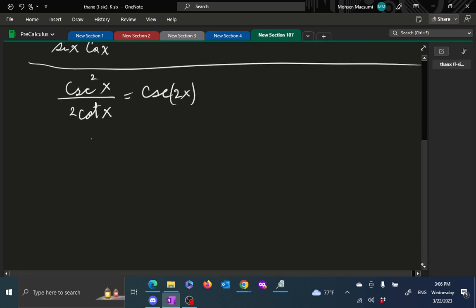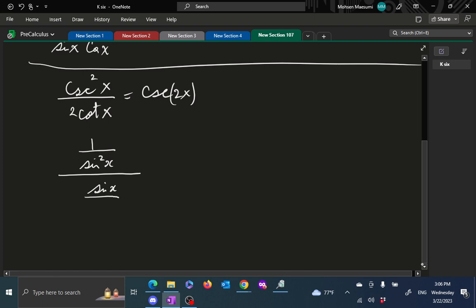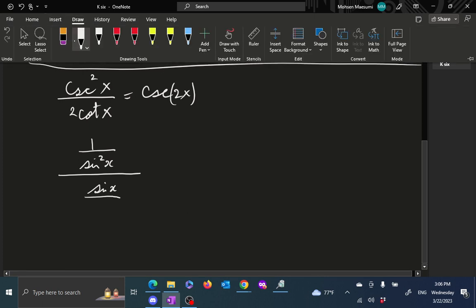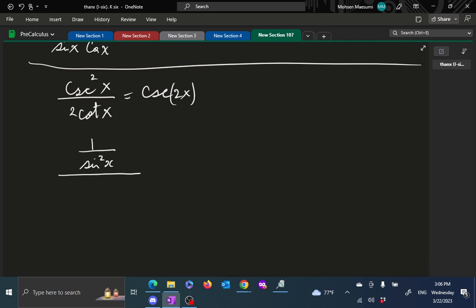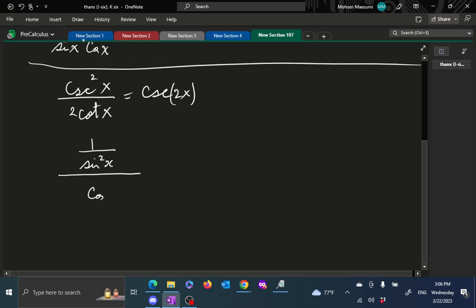But the numerator cosecant is 1 over sine, and cotangent is, excuse me, cosine over sine.